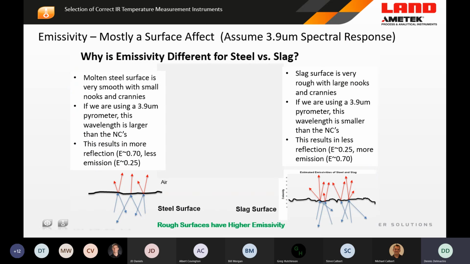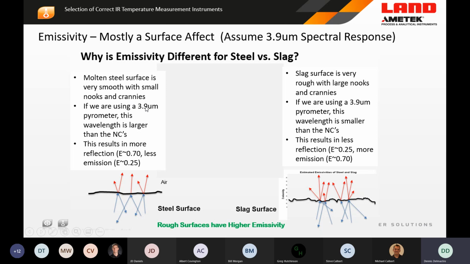So a little more about this surface effect of emissivity. The easiest way may be to just take an example, and we're going to assume we have a pyrometer in our hand that's looking at 3.9 micron wavelength. That's where we're measuring. If we take molten steel surface, we all know it's very smooth and it has very small, what I call nooks and crannies. These are little imperfections.